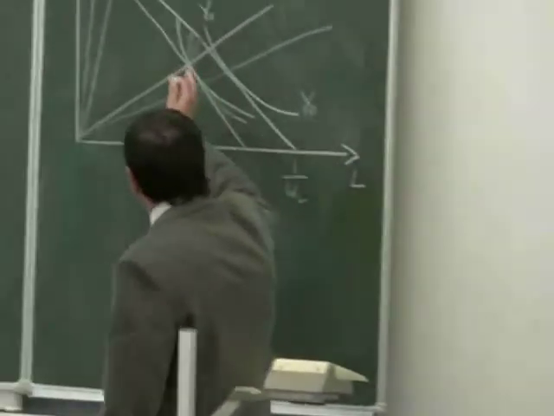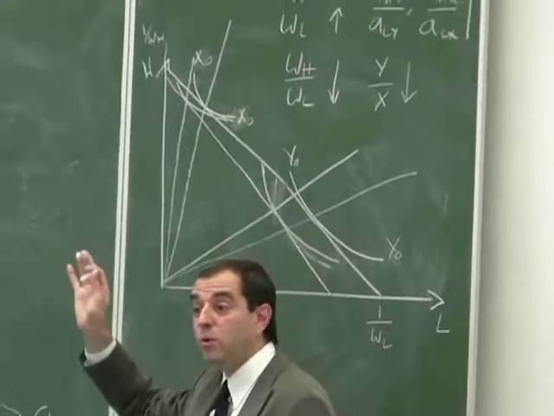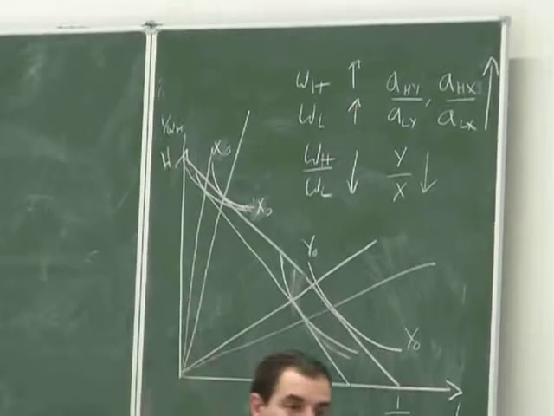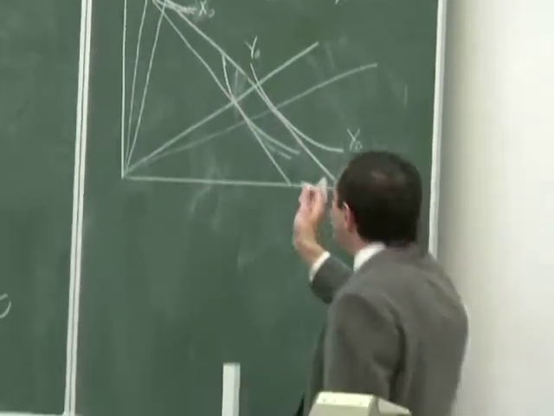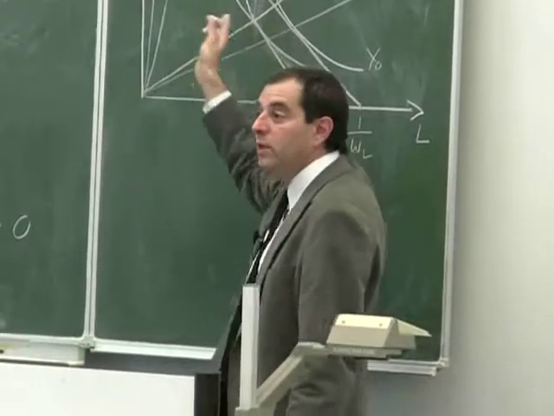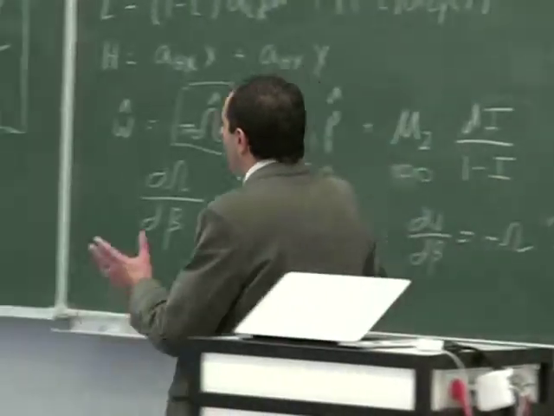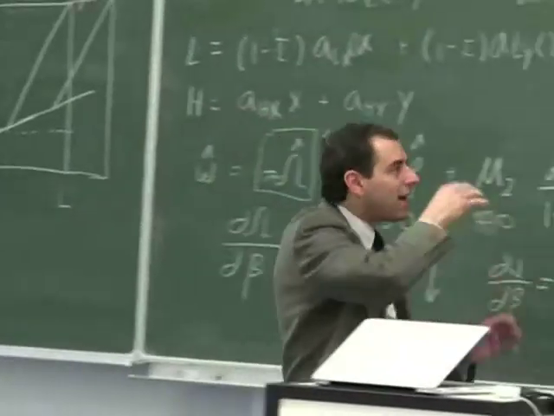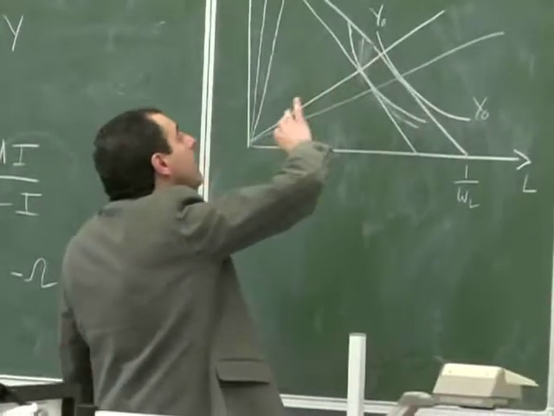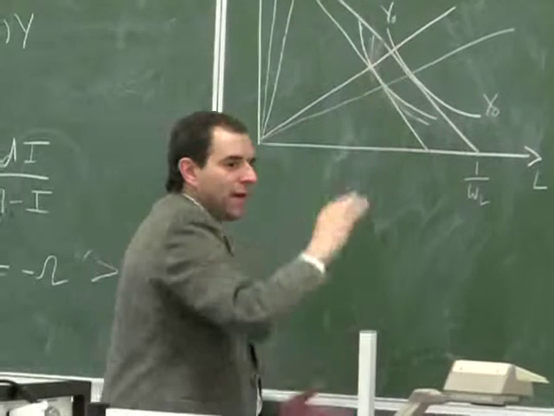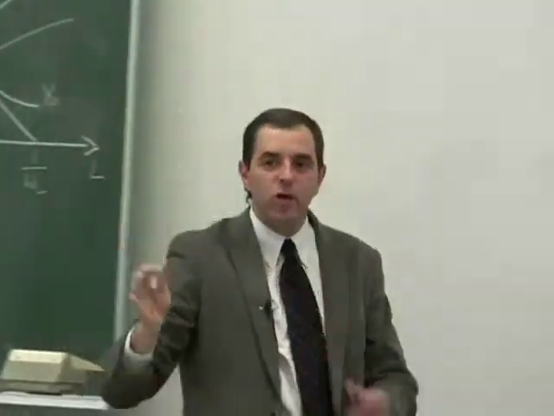So we have this phenomenon, which is exactly akin to the paper from Shea and Wu, right? Within sectors, it looks like substitution towards the factor that's all of a sudden become exactly the opposite of what you would predict in the Heckscher-Ohlin model, right? Because normally the opening to a low-skill, labor-intensive country would cause you to substitute towards low-skill labor in your domestic market, right? Because it would have depressed that price.